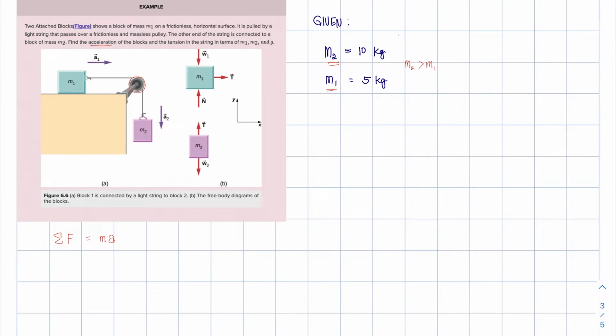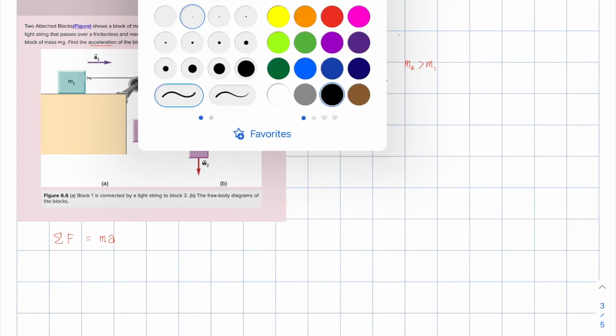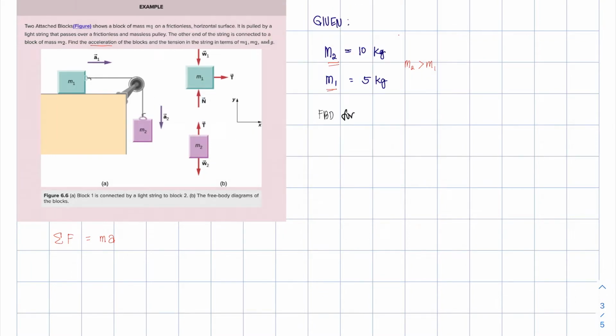I'm just going to erase that one. And the free body diagram for mass 1 will be like this. I'm just going to draw the x and y axes. This will be my y, and this will be my x-axis.